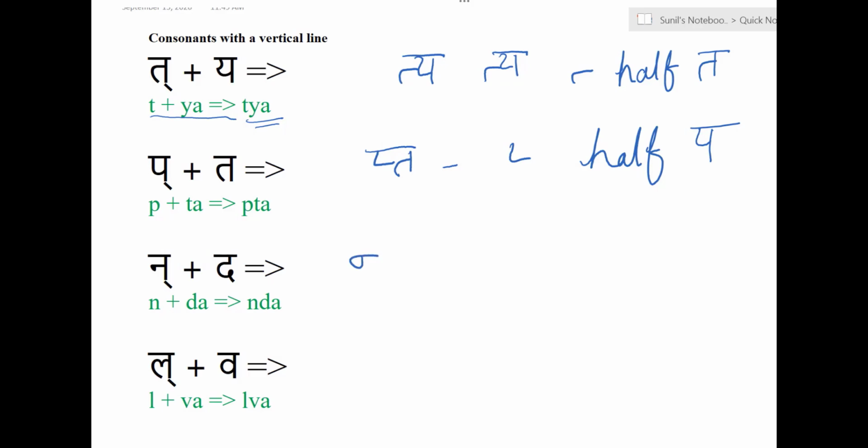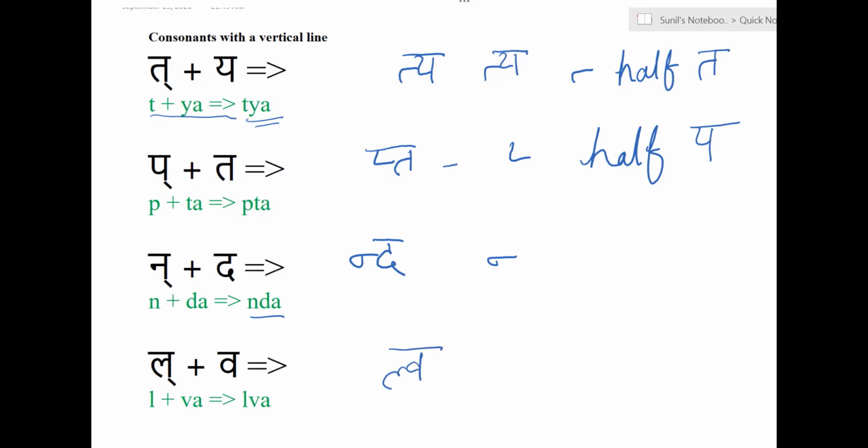You write na because it's going to join with the other consonant, so you drop the vertical line and connect it with da. It's nda. So half na. And the last one here is lva. You write la because it's going to join with the next consonant va. Drop the vertical line and join va. So this is half la.